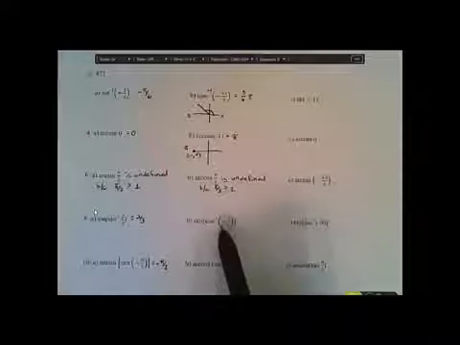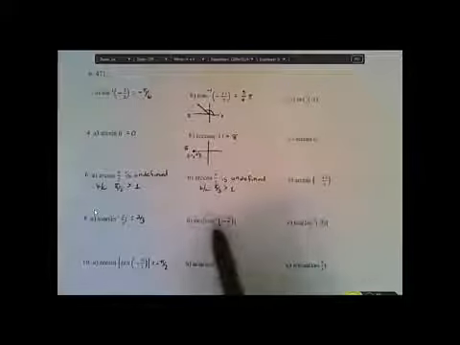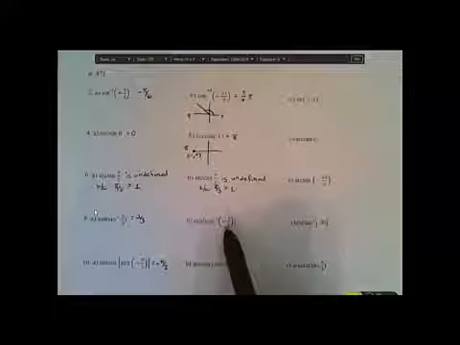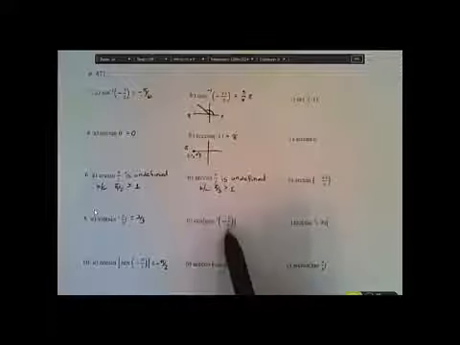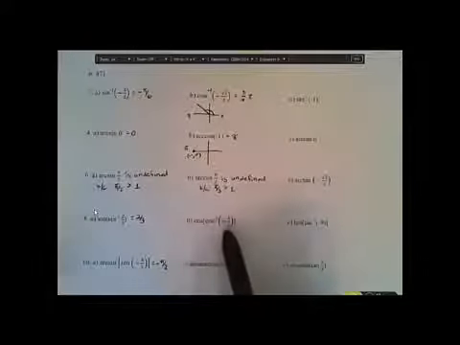Let me fix it. In order to say cosine and inverse cosine undo each other and just leave you -1/5, you have to be able to take the inverse cosine of -1/5. Can you take the cosine of -1/5?